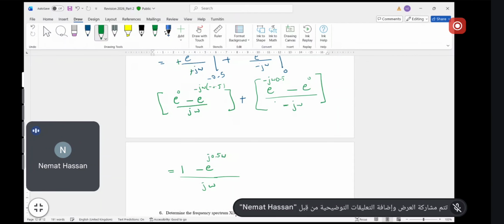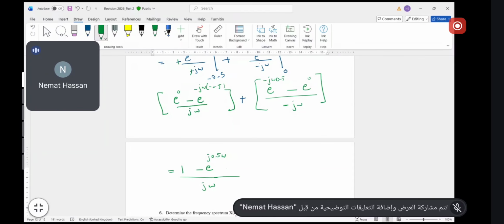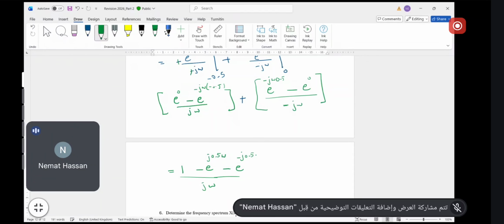Let's take this negative up, so it becomes minus e power minus j 0.5 omega plus 1, which is equal to 2 minus e power j 0.5 omega minus e power minus j 0.5 omega over j omega.